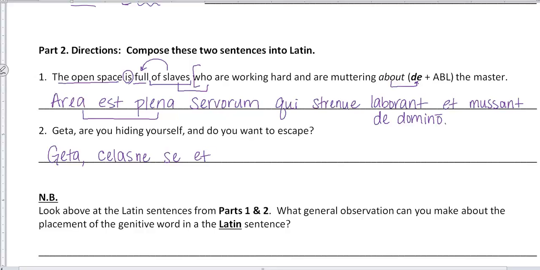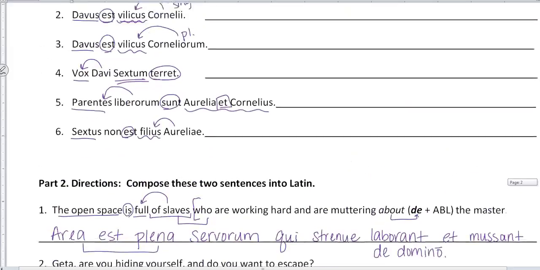And do you want to escape? Do you want, let's see, vis. Do you want to escape? Effugere. That's number two.